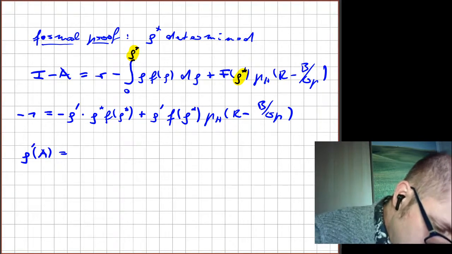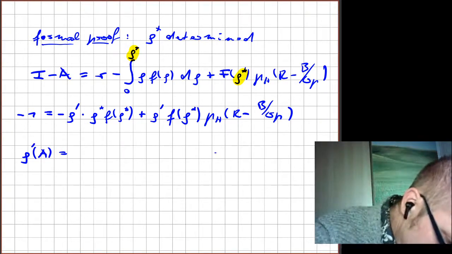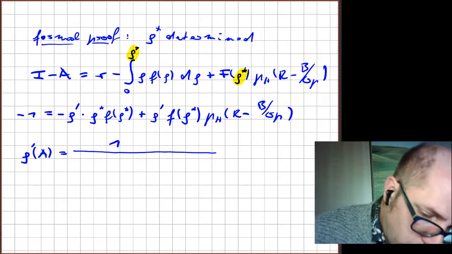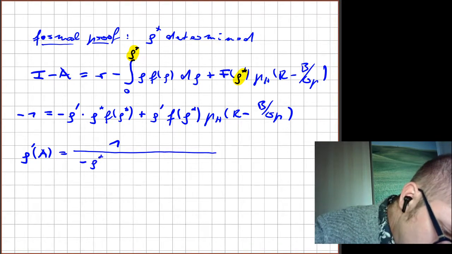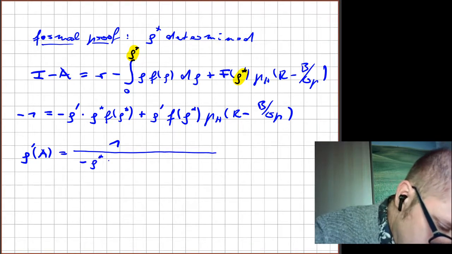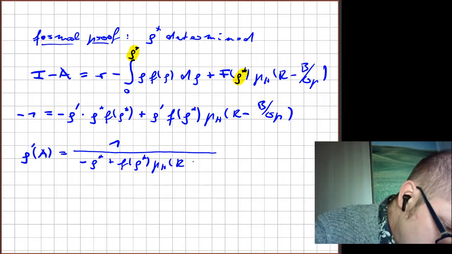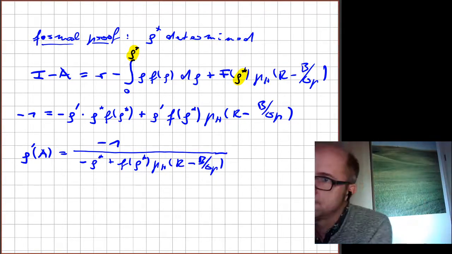And that's then equal to, let's see, I need a long bracket, 1 over minus rho star plus f of rho star pH times (R minus B over delta P), bracket closed.